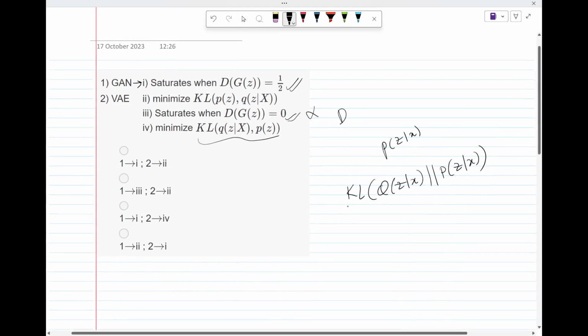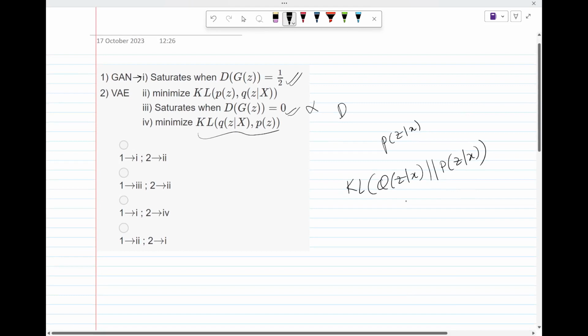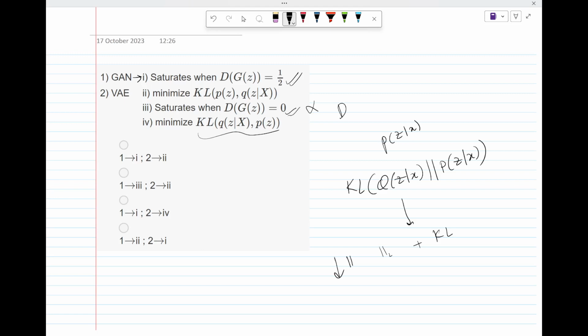So how it comes out to be, if you have seen the lectures, this gets split into a reconstruction loss plus the KL divergence. You want to minimize this reconstruction loss and this KL divergence.